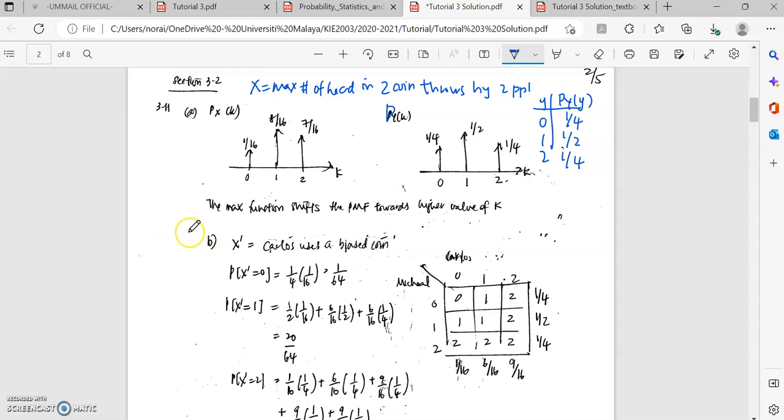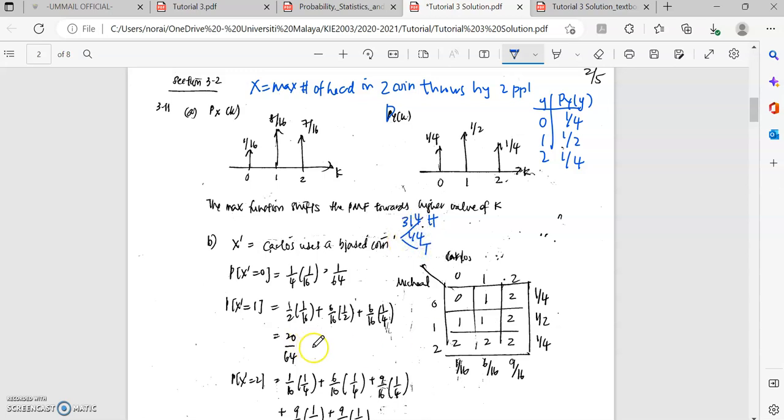Alright, so let's look at B. We name X prime as the case where Carlos uses a biased coin. When we look at a biased coin, the probability of head is 3 over 4 and the probability of tail is 1 over 4.